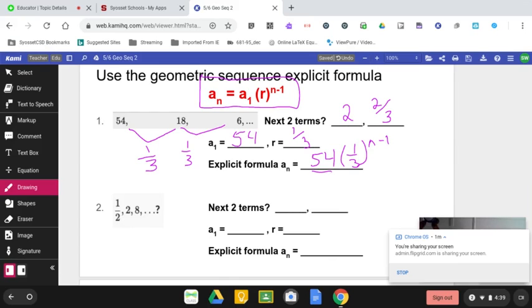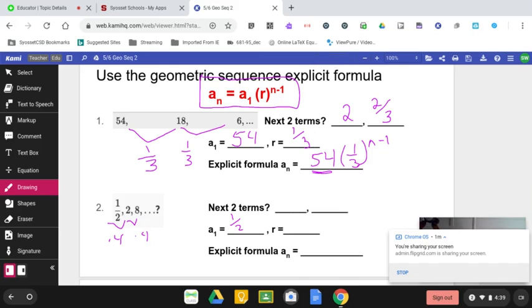And again, because we're using the first term, not the y-intercept, we have to back it up one, so it's the n minus 1 power. The second example, we start with 1/2, so clearly that's our first term. And we're increasing, but not by a constant rate of change. We're multiplying by 4 to get to the next term in the sequence.